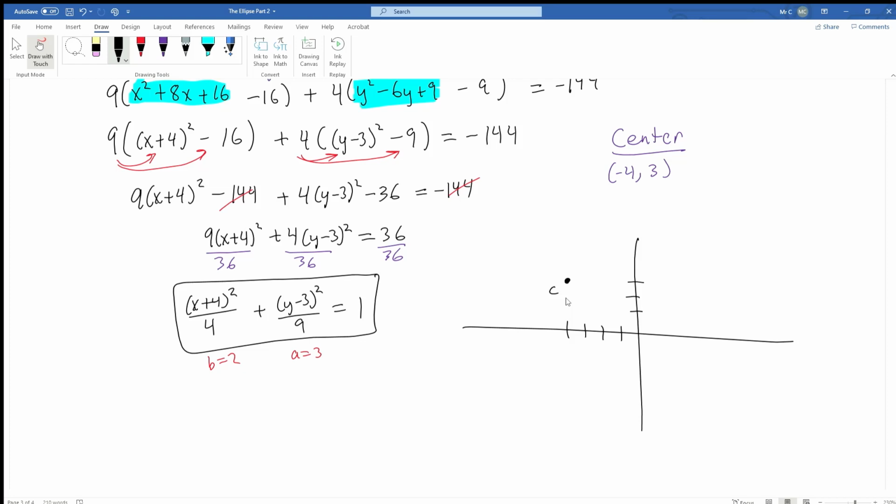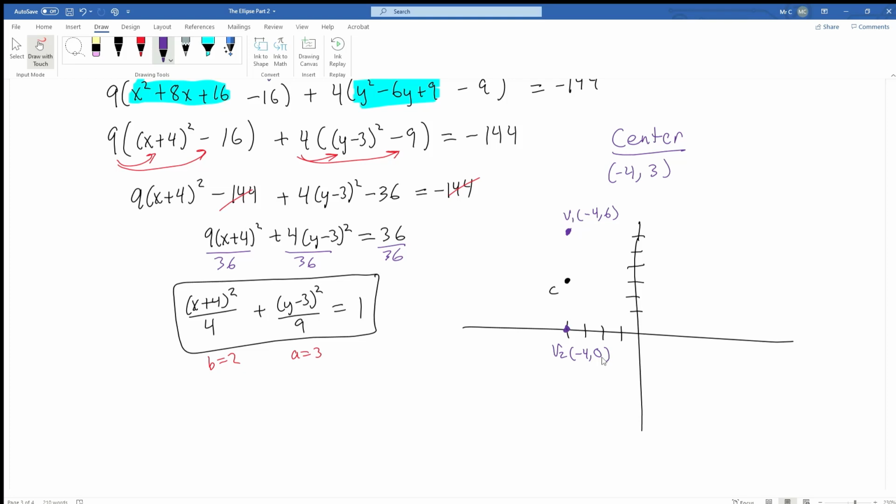And since it's vertical, our vertices are going to go in the y direction by a distance of 3. So we're going to go just up 3 for our first vertex and down 3 for our second vertex. So our first vertex then would be at -4, 6, and our second would be at -4, 0.